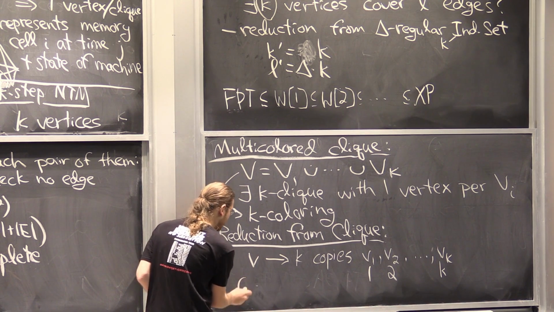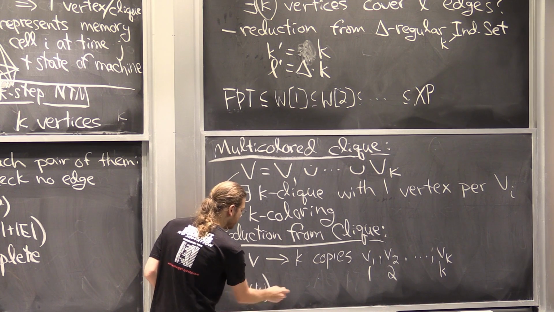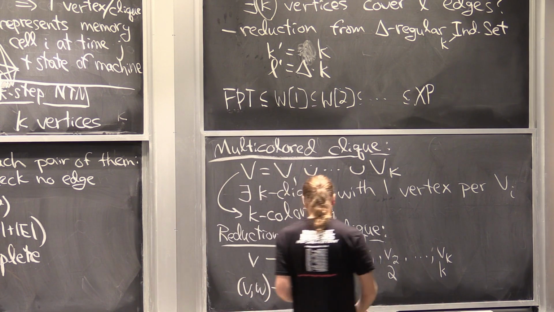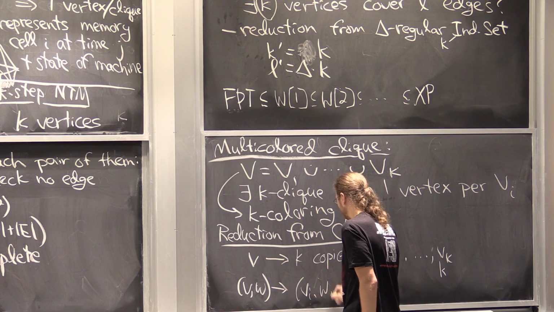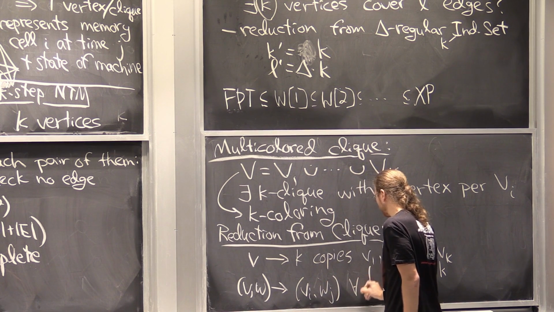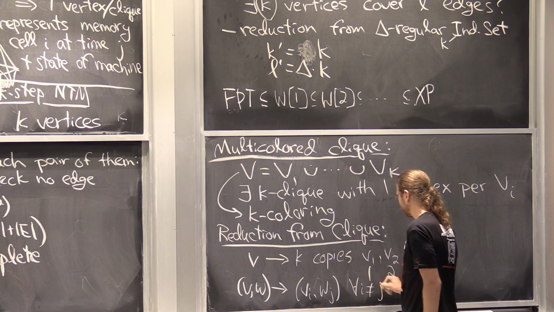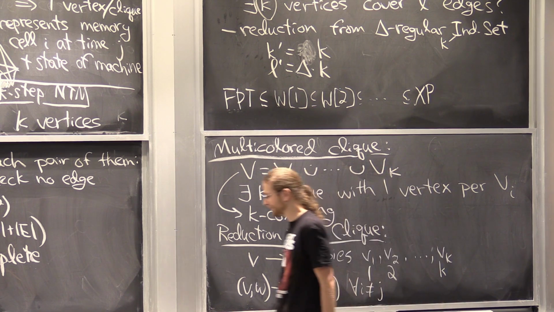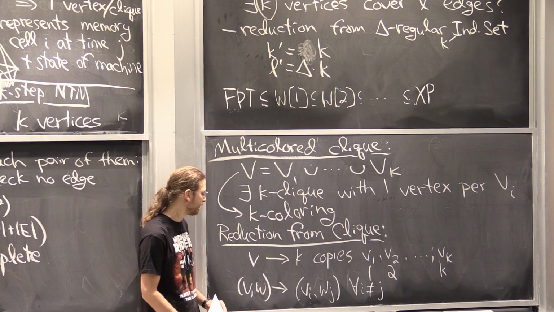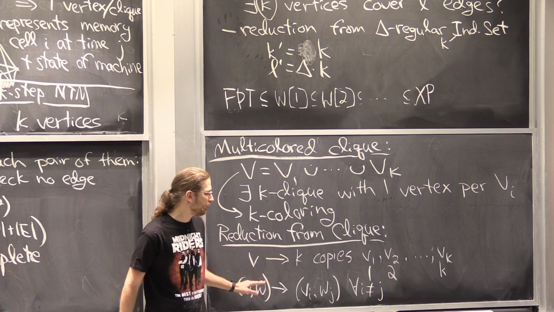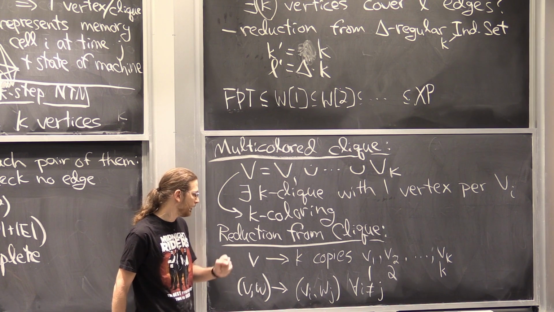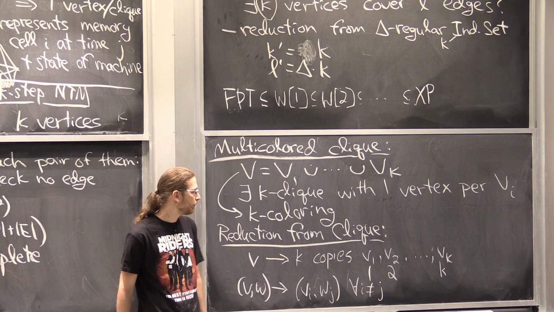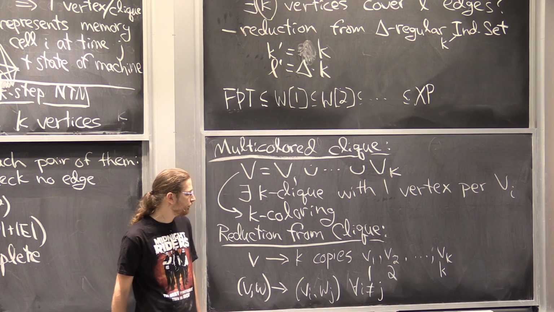And then if we have an edge VW, we will convert it into edges V_i, W_j for all i not equal to j. So pretty much the obvious reduction. Once you make k copies, we'll also duplicate the edges in all versions, except because it's supposed to be a k-coloring, we're not allowed to connect V_i, W_i. But otherwise, we'll just throw in all of those edges.